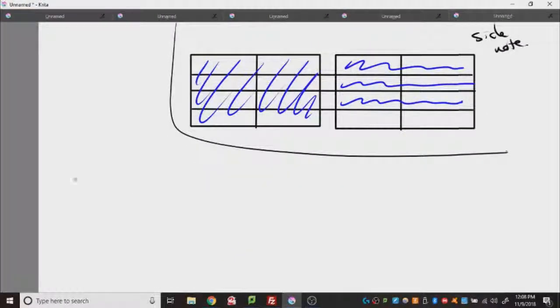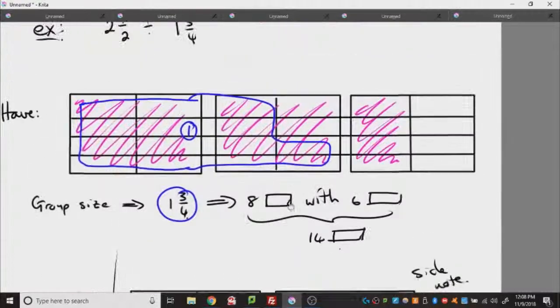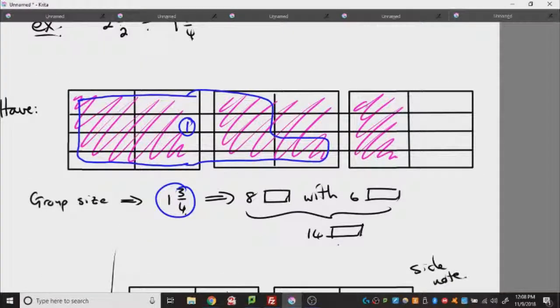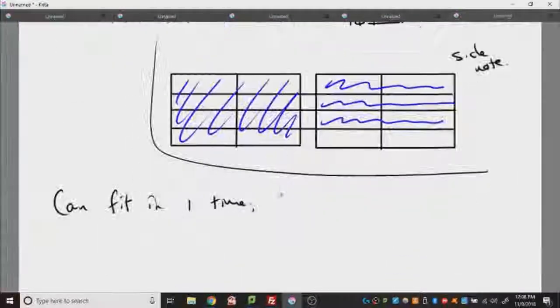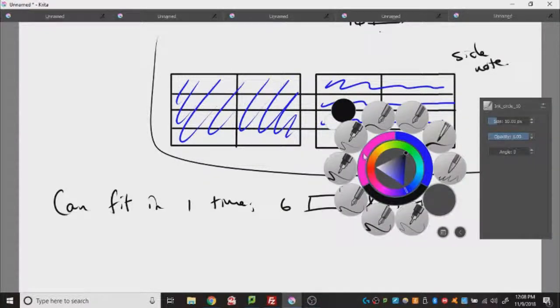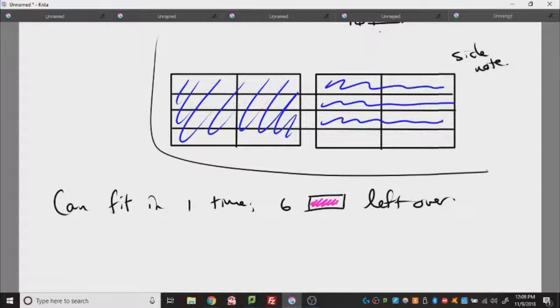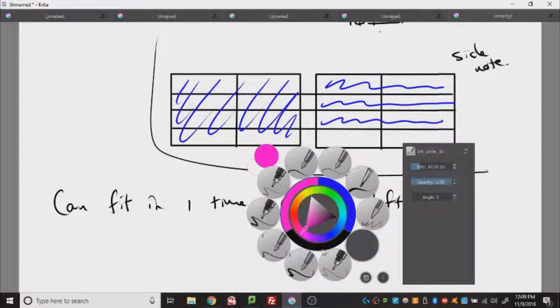So let's write that down. That can fit into what we have one time. And then we have how many pink ones left over? 1, 2, 3, 4, 5, 6. One time, 6 pink ones left over. Specifically of what we had, 6 are left over.